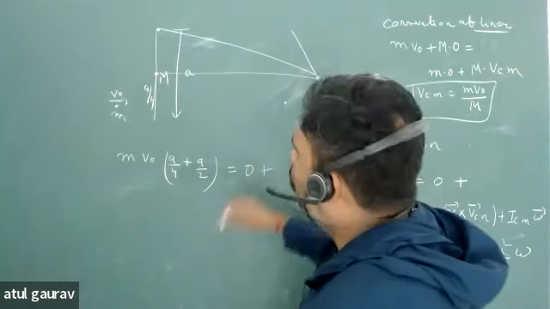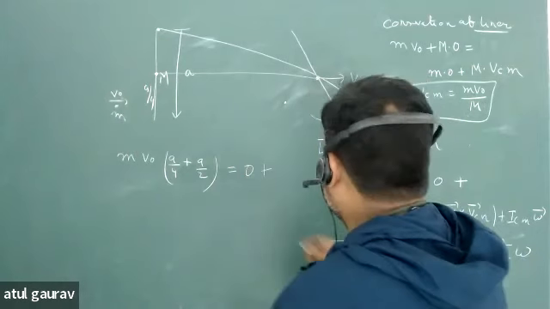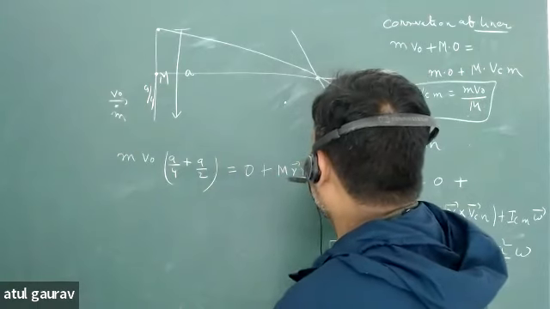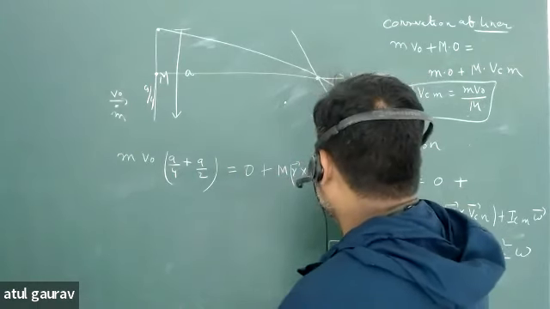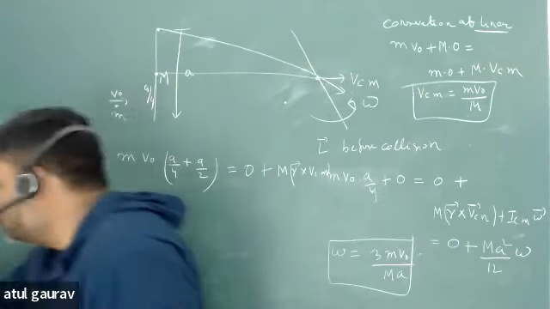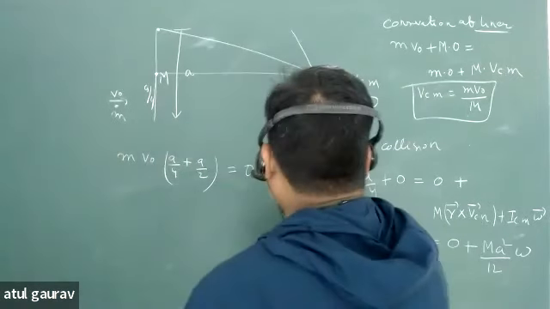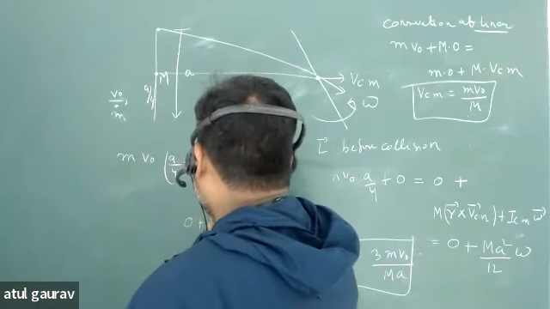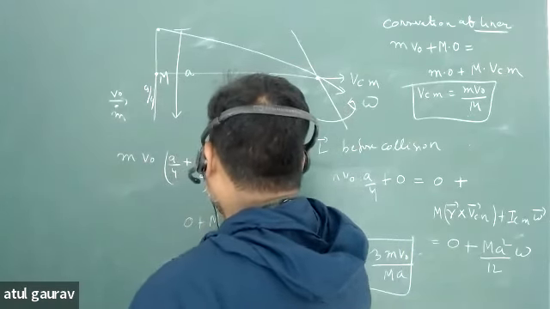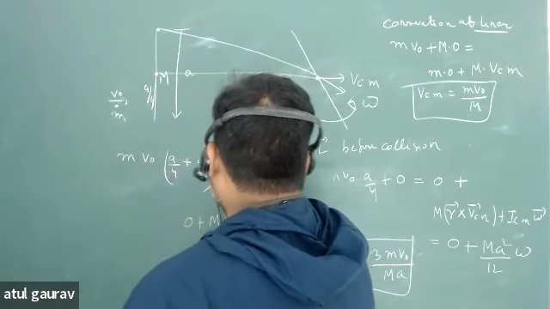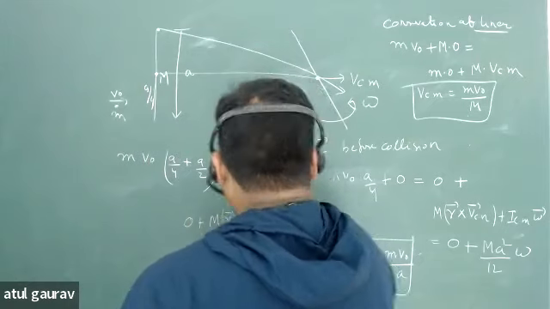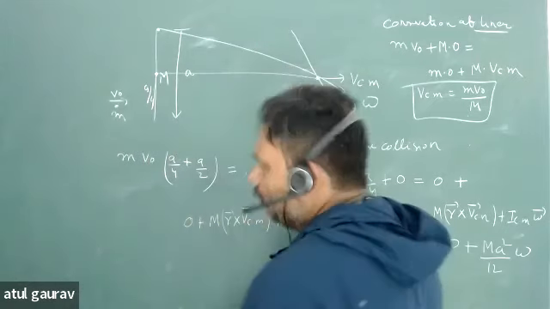एंड व्हाट अबाउट दिस रॉड? अगेन यू विल राइट दिस पर्टिकुलर इक्वेशन. M R क्रॉस VCM इज इक्वल टू 0 प्लस M R क्रॉस VCM plus ICM omega. ठीक लिख रहा है?